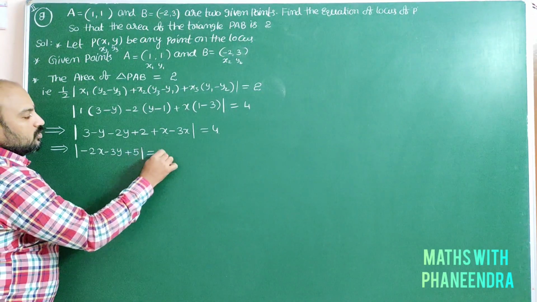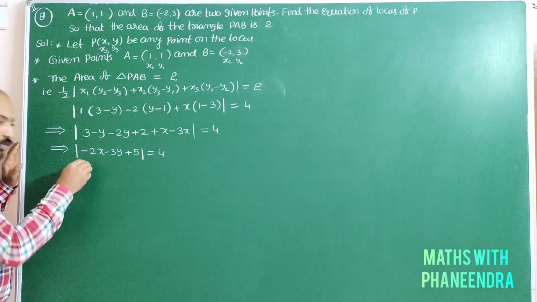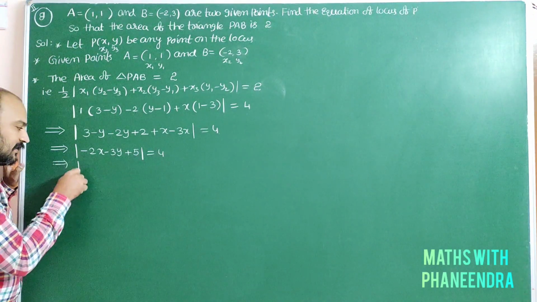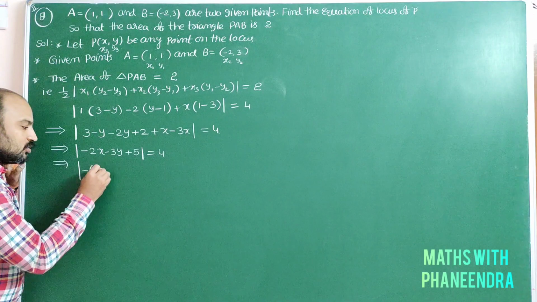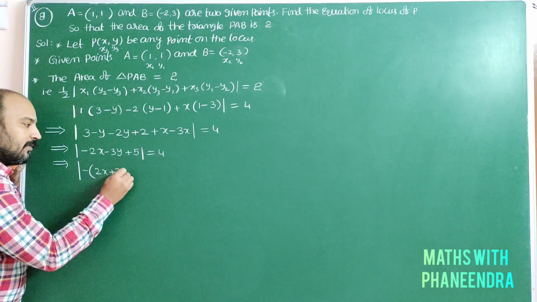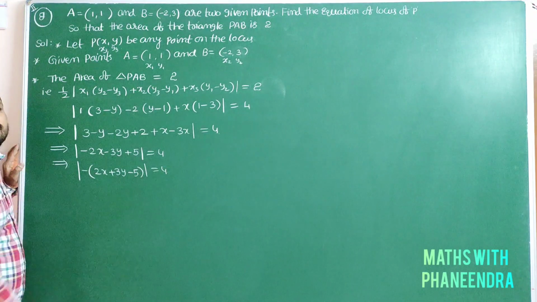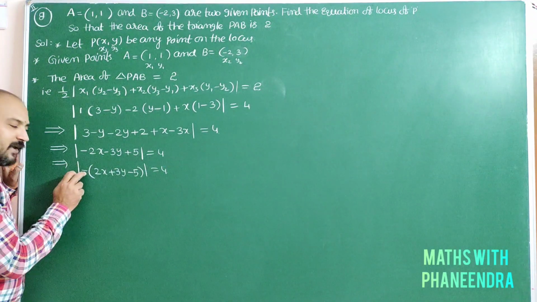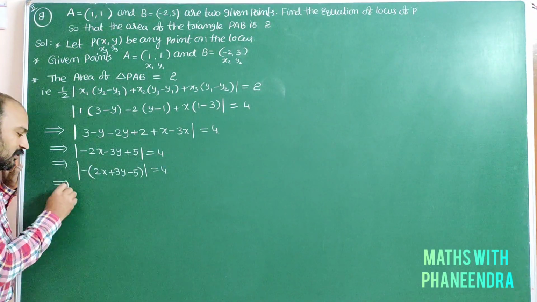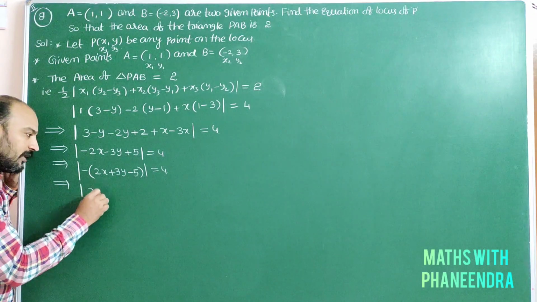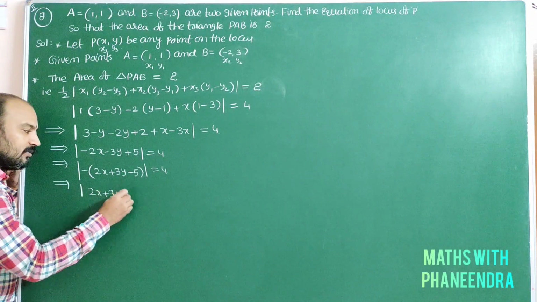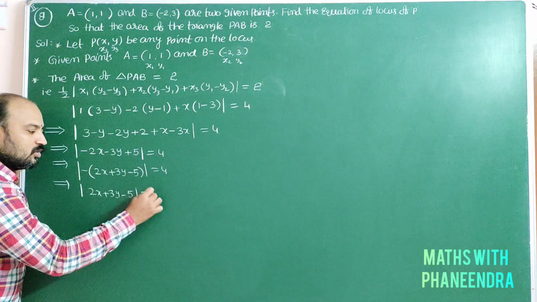Is equal to 4. If you take common minus in this modulus, so 2x plus 3y minus 5 is equal to 4. Within modulus, minus will become plus. So mod 2x plus 3y minus 5 is equal to 4.